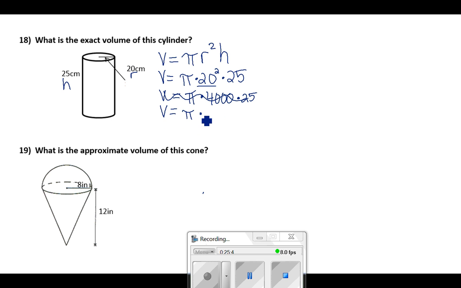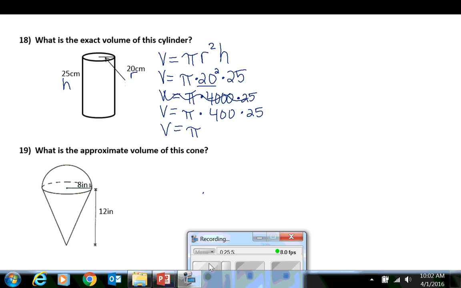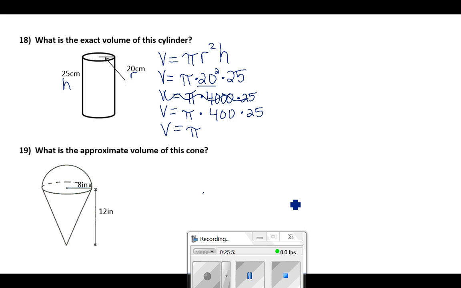V equals pi times 400 times 25. So if you multiply 400 times 25, you get 10,000.